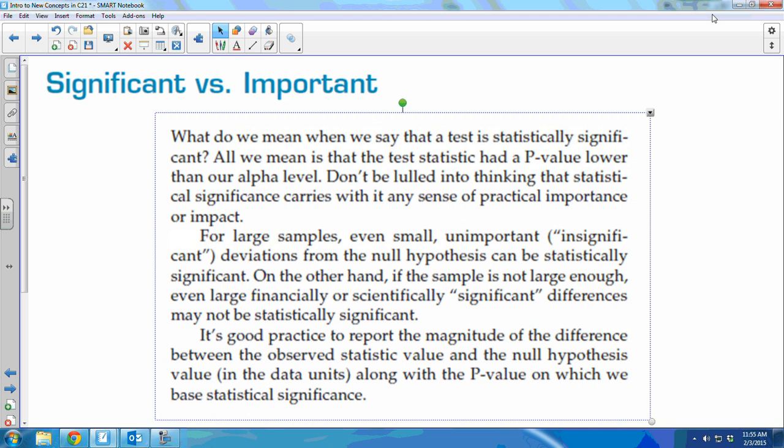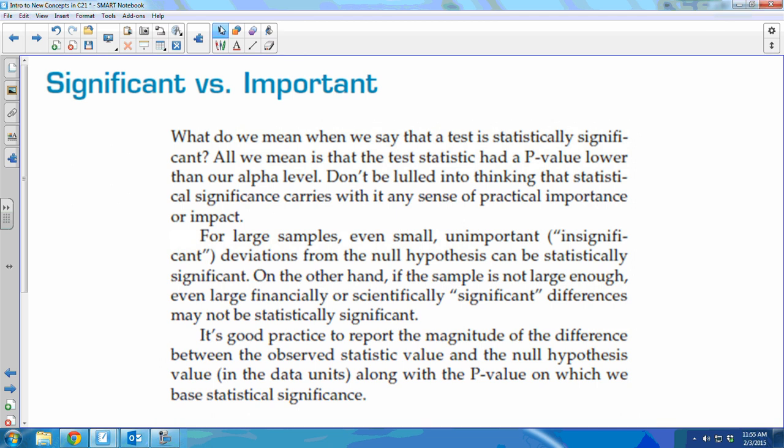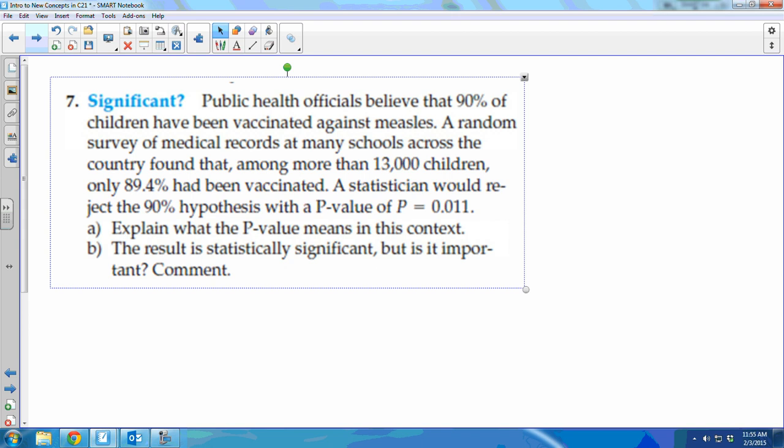So, for example, public health officials believe that 90% of children have been vaccinated against measles. A random survey of medical records at many schools across the country found that among more than 13,000 children, only 89.4% have been vaccinated.